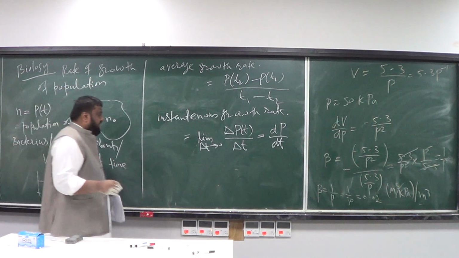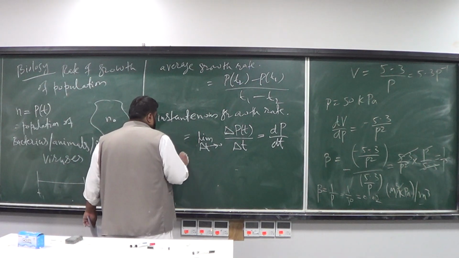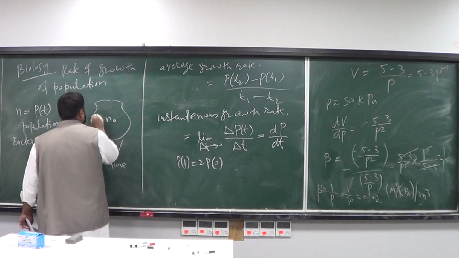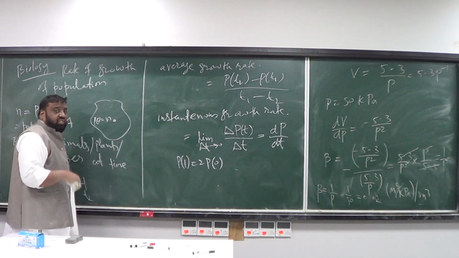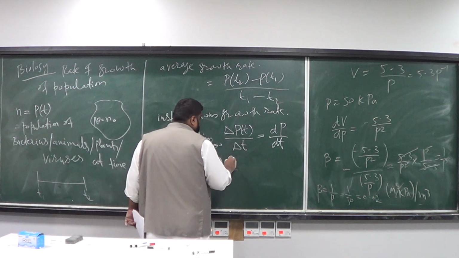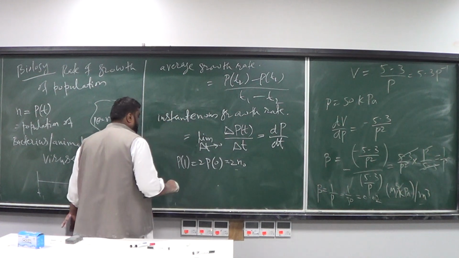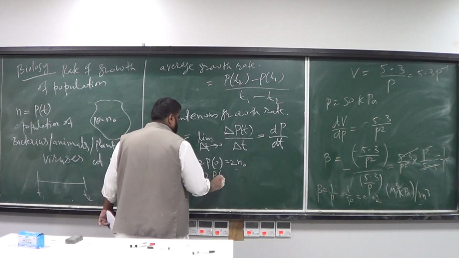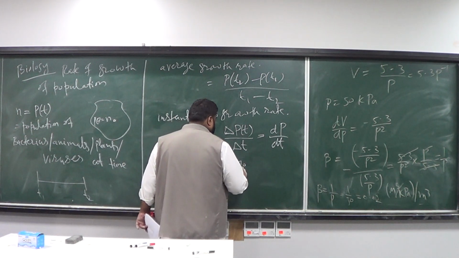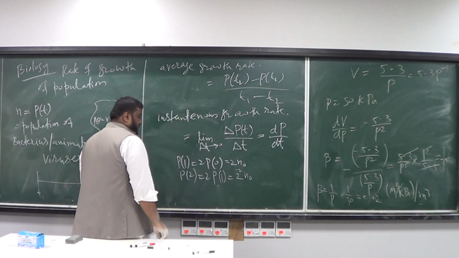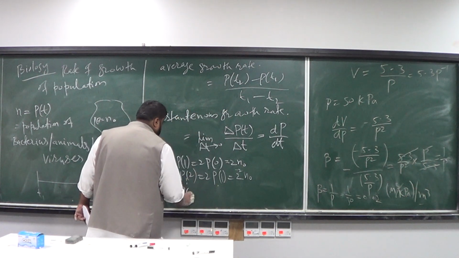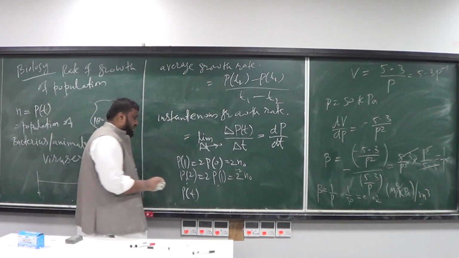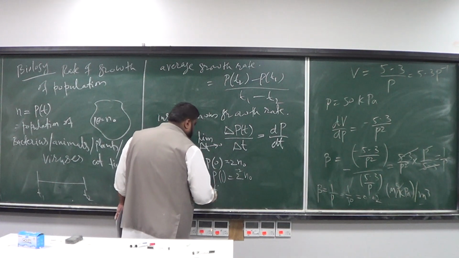So in other words, let's assume that the population at time 1 is double the population at time 0. The population at time 0, when you started your observation, is n naught, so at time 1 it is going to be 2 n naught. So P of 2 is going to be 2 times P of 1, so it's going to be 2 squared n naught. If you keep on generalizing and model it, the population at any time t is 2 raised to t times n naught.